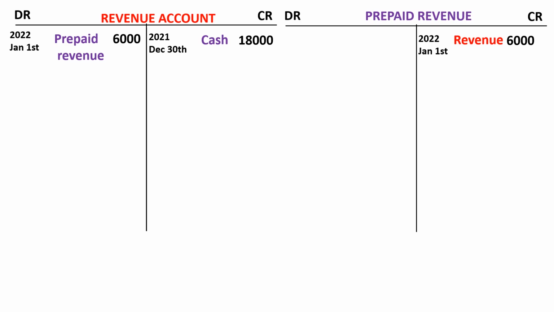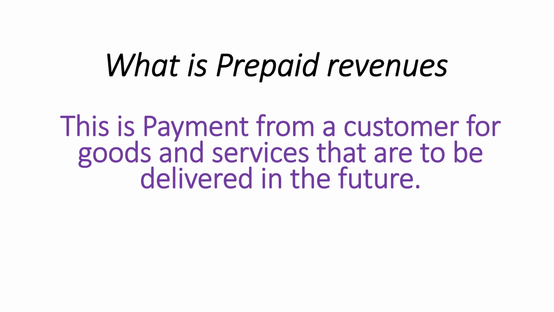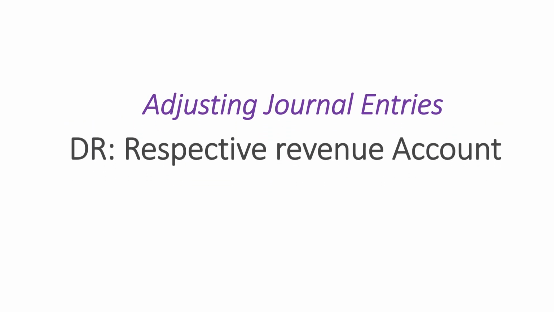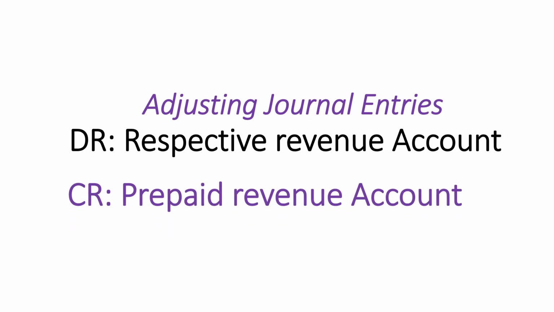So basically, prepaid revenues are simply revenues that we have collected but have not yet earned. Or I can say that this prepaid revenue is simply payment from a customer or from a client for goods or services that are to be delivered in the future. And the double entry for that is, because this is an oversized account, we are having more cash than we've earned, we shall reduce the revenue account by debiting the revenue account.